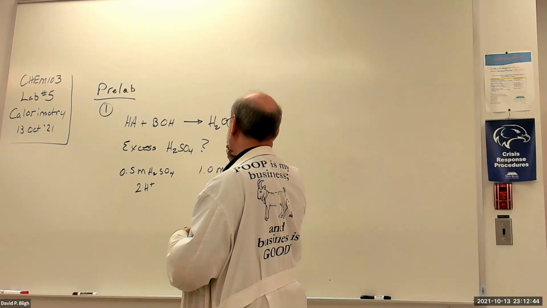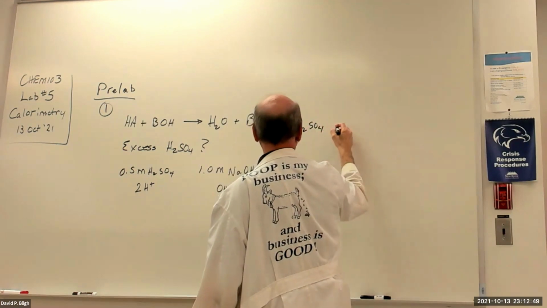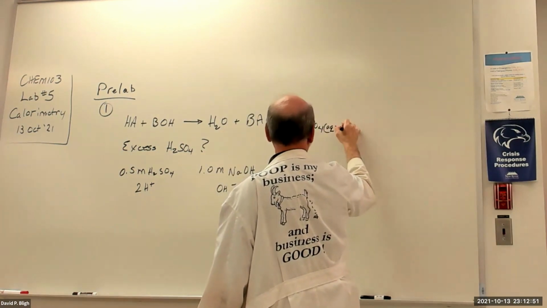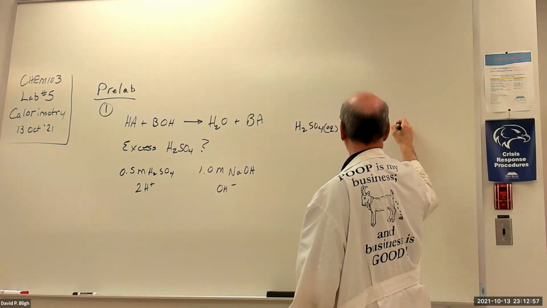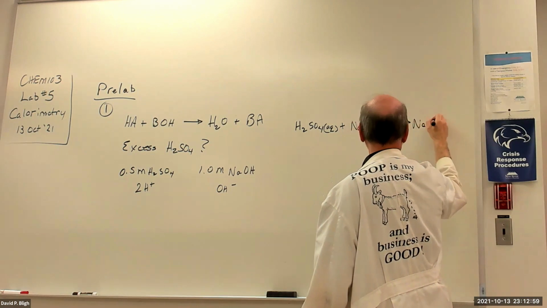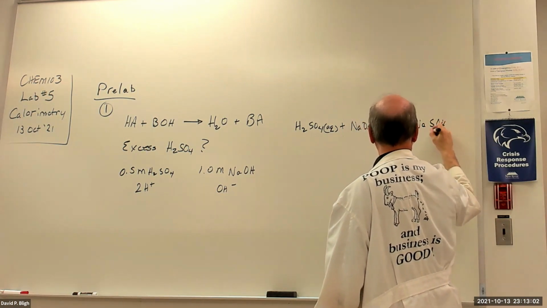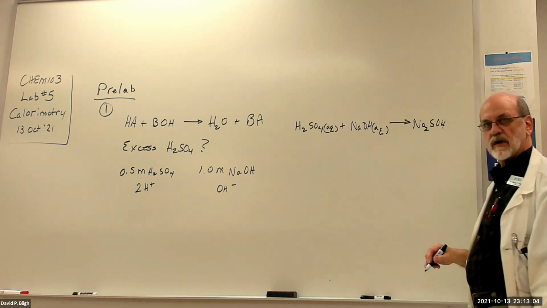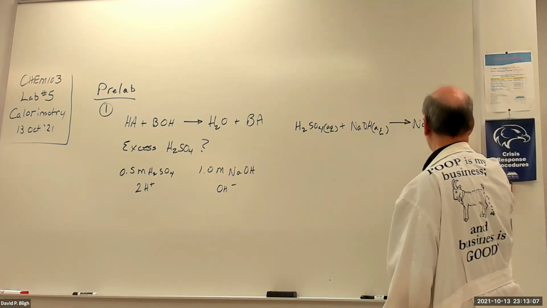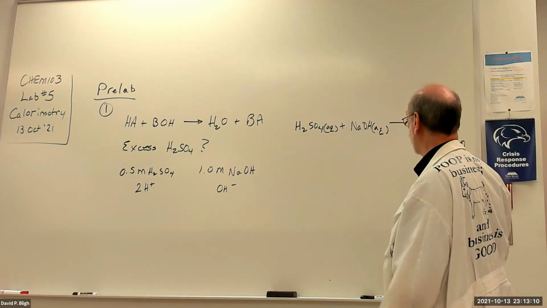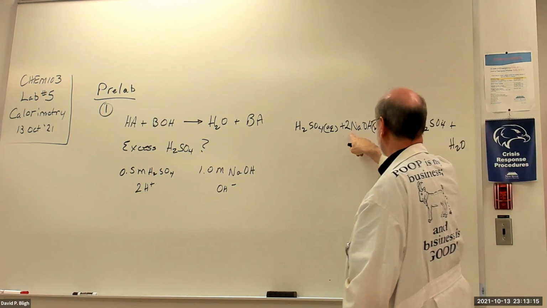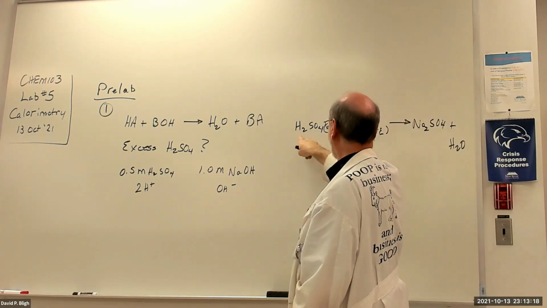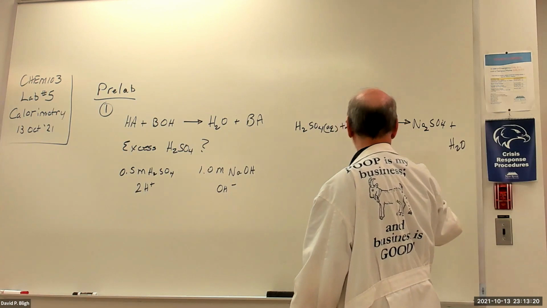Well, let's write out the actual equation. If we have H2SO4 in aqueous solution and sodium hydroxide in aqueous solution, then that's going to yield sodium sulfate. We need two sodiums there because sulfate is 2 minus. And then water. Okay, so let's balance the equation. We need 2 sodiums, and that gives us 4 hydrogens and 2 oxygens.